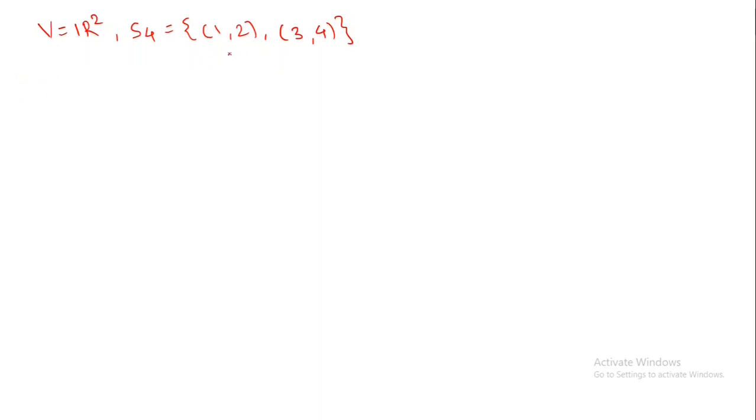So the process is, we will call this vector v1 and this vector v2, and I will say let alpha 1 v1 plus alpha 2 v2 is equal to (0, 0), where this alpha 1 and alpha 2 belong to what?